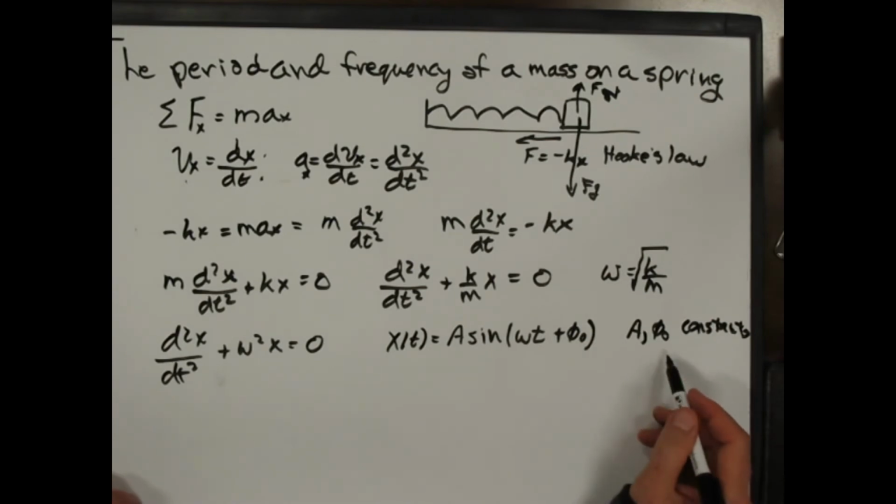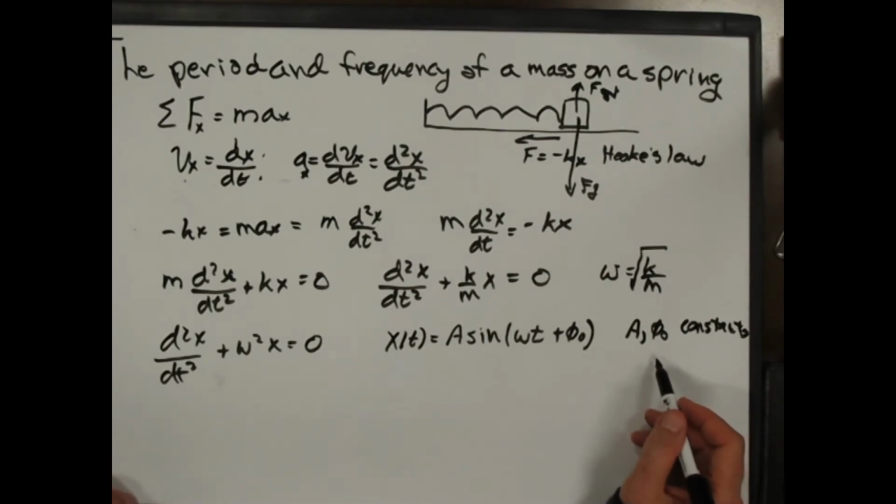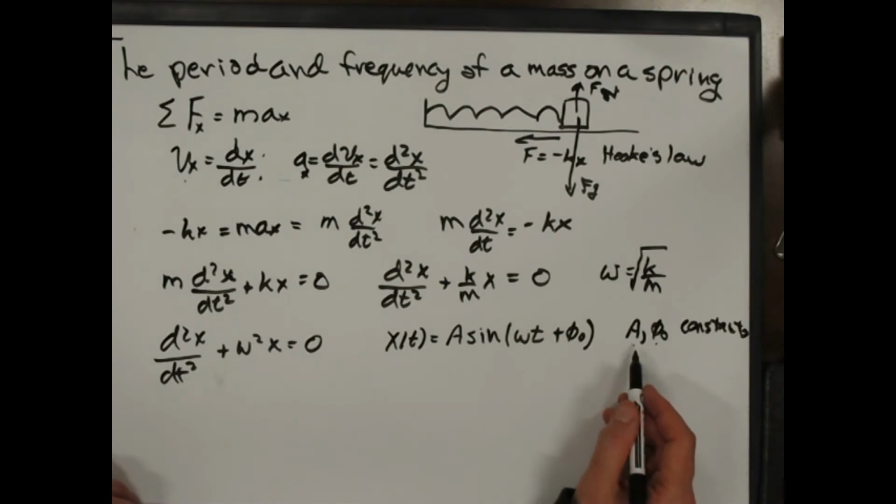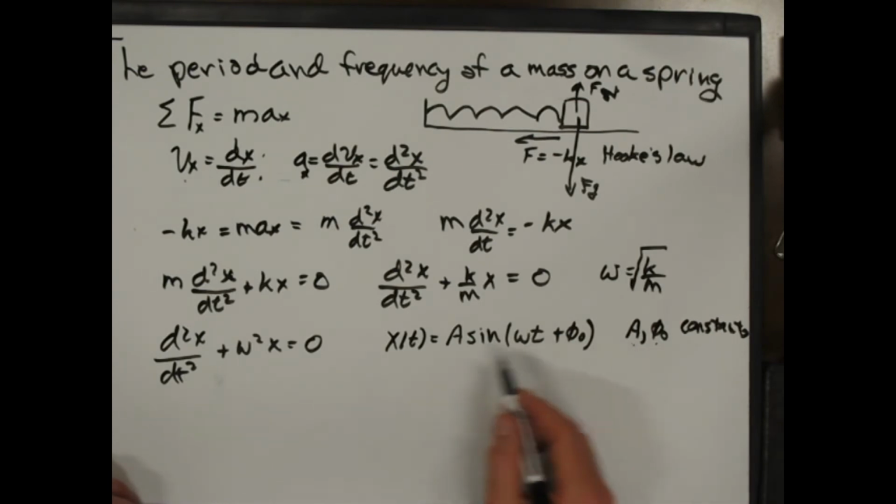A and phi naught are constants. We sometimes call them integration constants, but they're constants that are to be determined by our problem. And so just to be clear on this, we're going to go back and write.